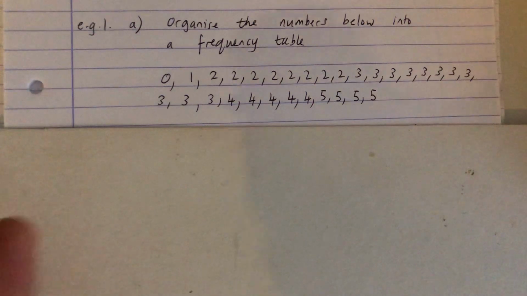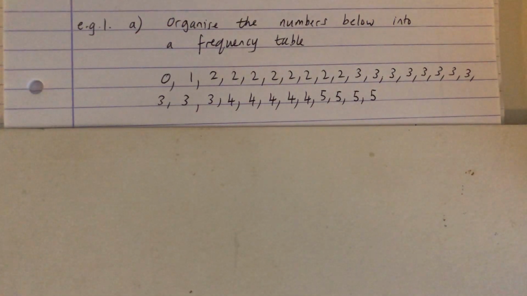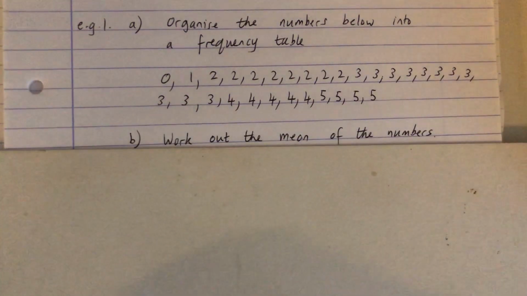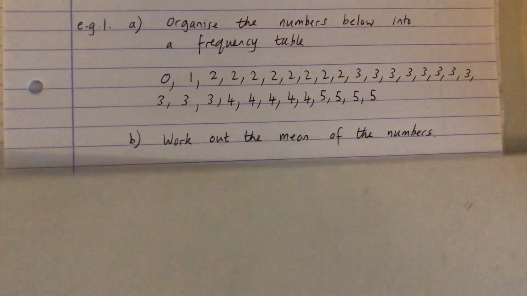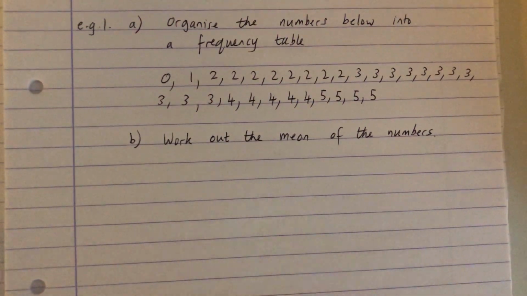Now, writing these numbers like this, it's very hard to say how many people got 2 marks. If I said how many people got 2 marks, you'd have to physically count them. But there's a way to organize this list of numbers into something called a frequency table. So that's what we're going to attempt to do first. So a frequency table will look like the following.